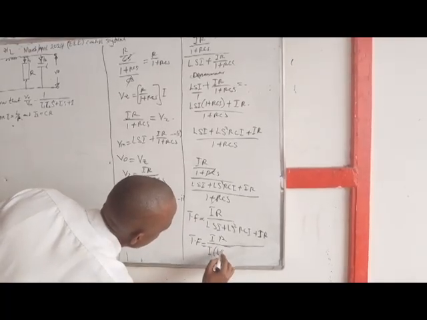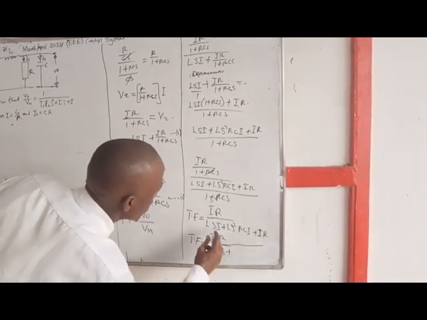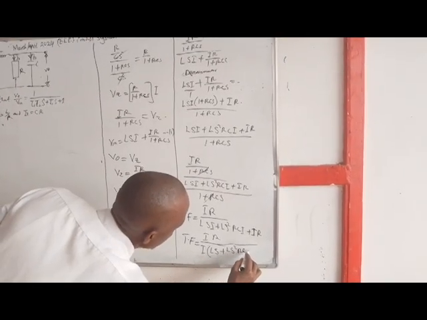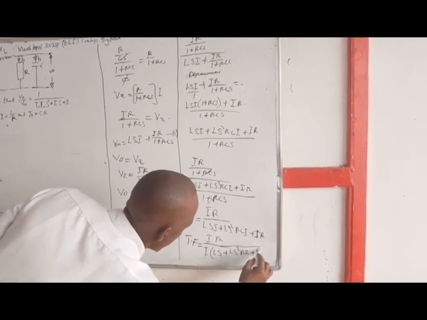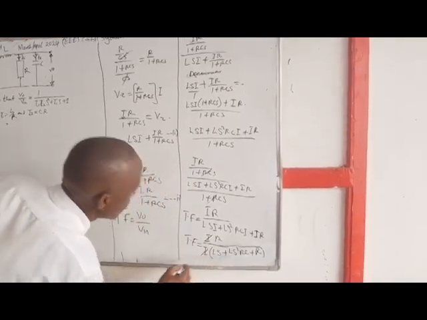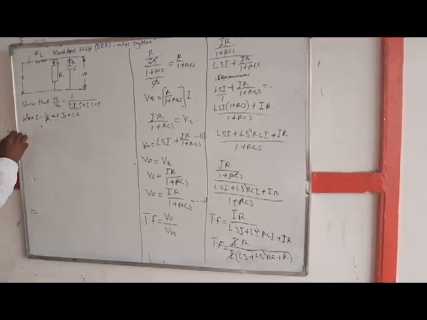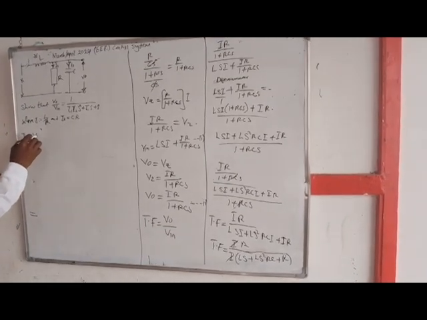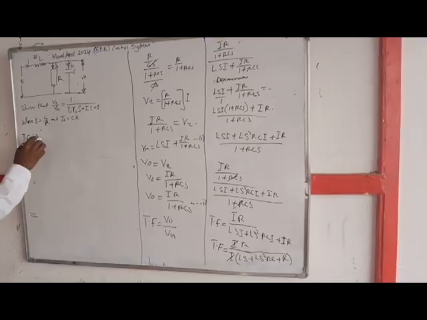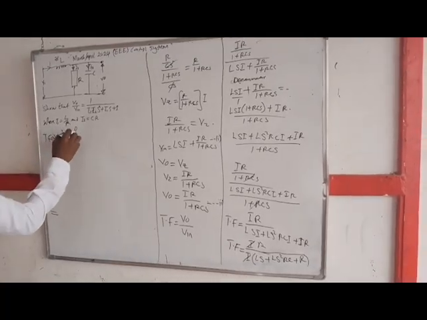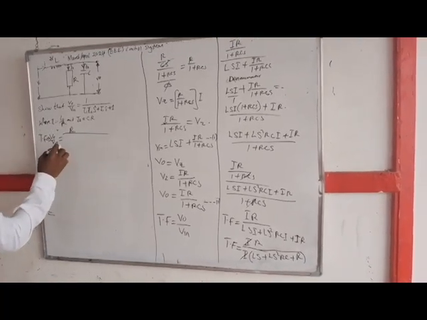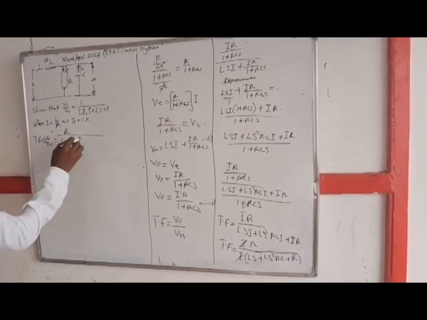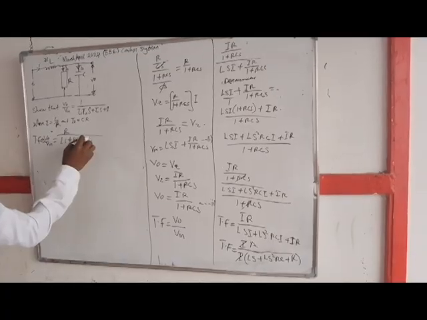LS plus LS squared RC plus R. Now this cancels this. Now TF, which is VO over Vin, is equal to R divided by LS plus LS squared RC plus R.